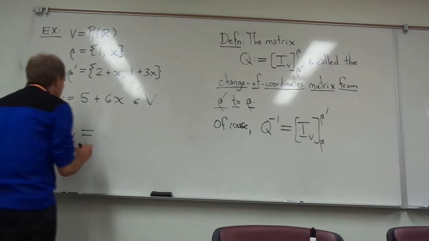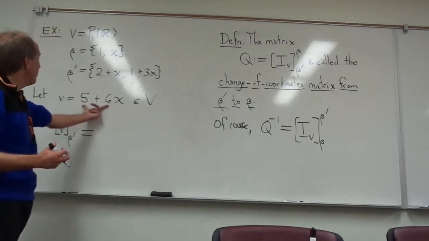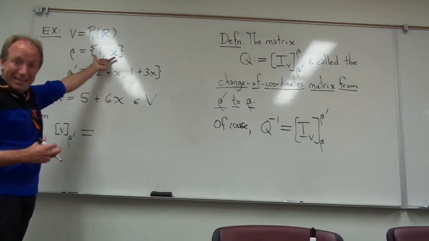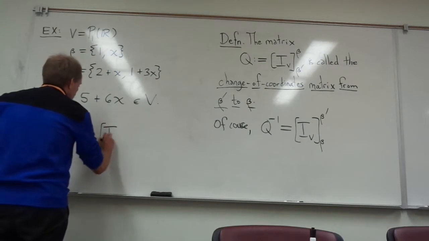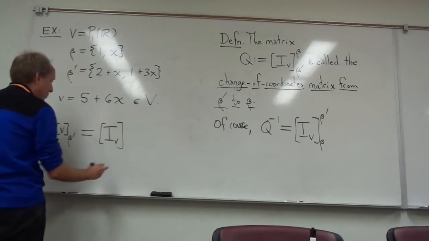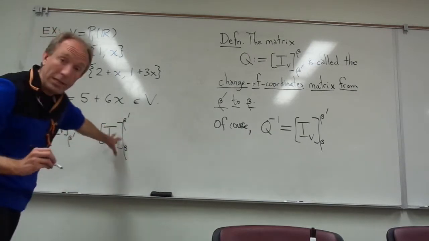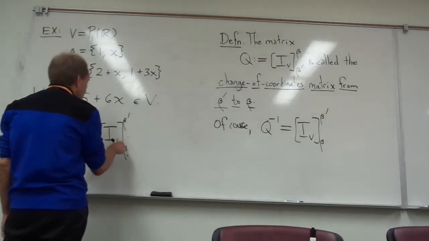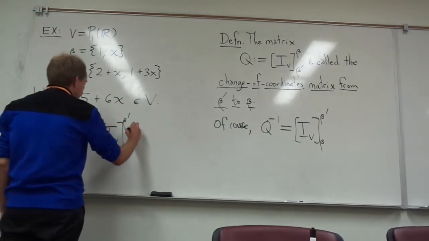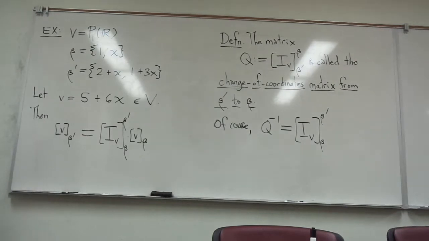So, well, it's actually very easy to get the coordinate vector of V relative to beta. So what I'm going to do is get this answer by using, I guess this would be the Q inverse matrix, right? The identity transformation from beta to beta prime, and then multiplied by the coordinate vector of V relative to beta.